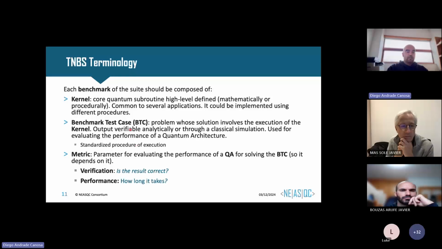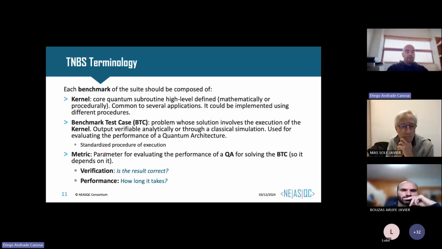So the execution of the benchmark test case has to follow a certain number of very explicit steps in order to be reproducible and in order to be comparable to other executions or implementations from other implementers.